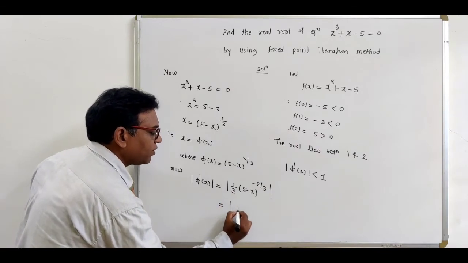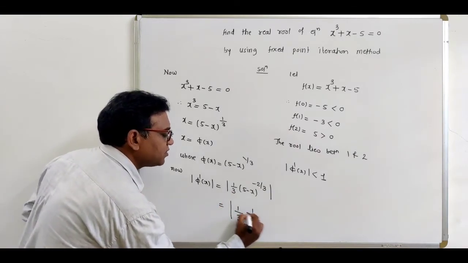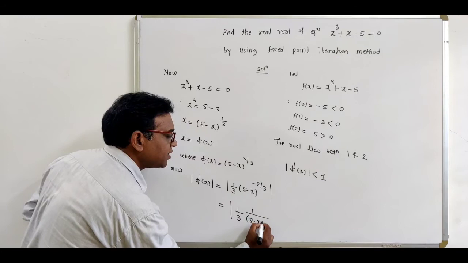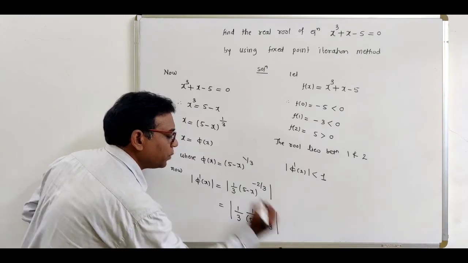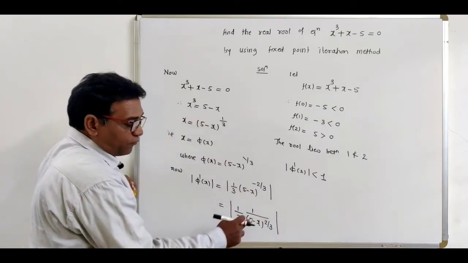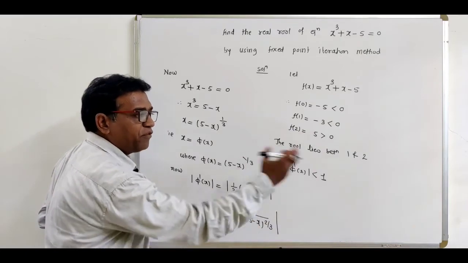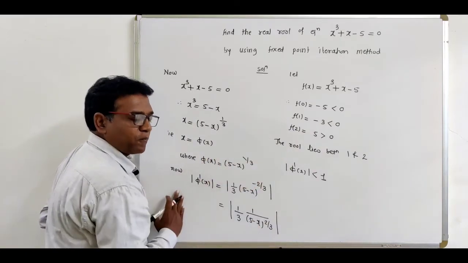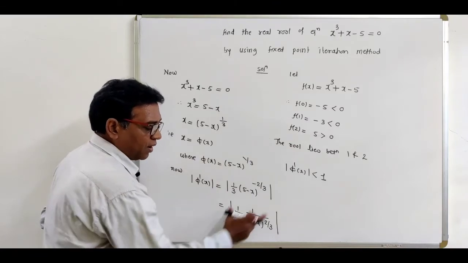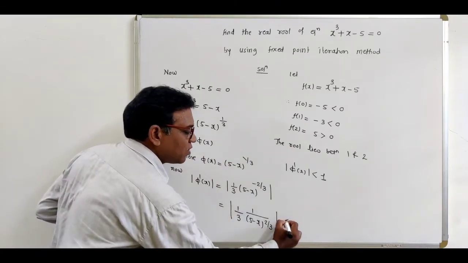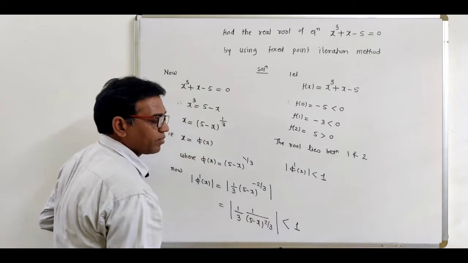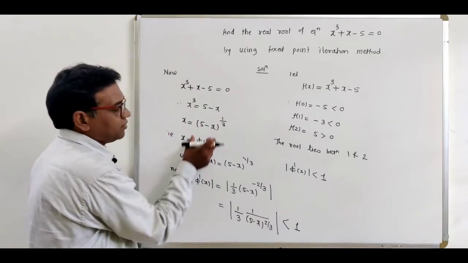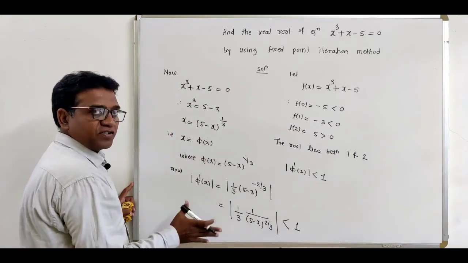So this is equal to modulus 1 upon 3 times 1 upon (5 minus x) raised to 2 by 3. Now if you put any value of x in between 1 and 2, then what is our observation? This derivative is always less than 1. So this function satisfies both the conditions.